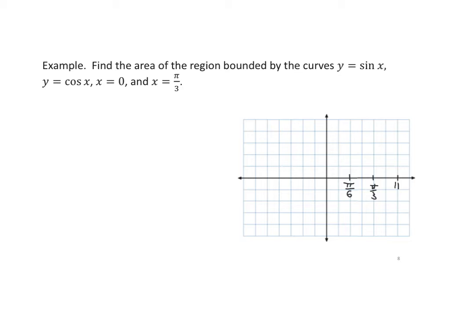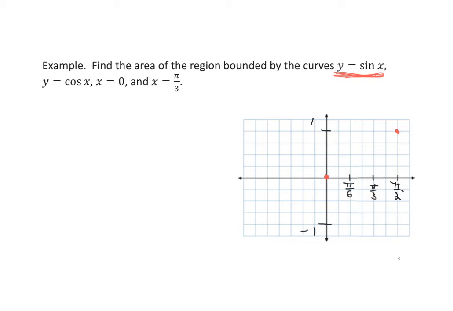And that's a good place to stop our drawing, because we should be able to graph sine x and cosine x from at least 0 to pi over 2. So let's remind ourselves. y equals sine of x. Let me put 1 up here and -1 down here. Then y equals sine x will have this shape.